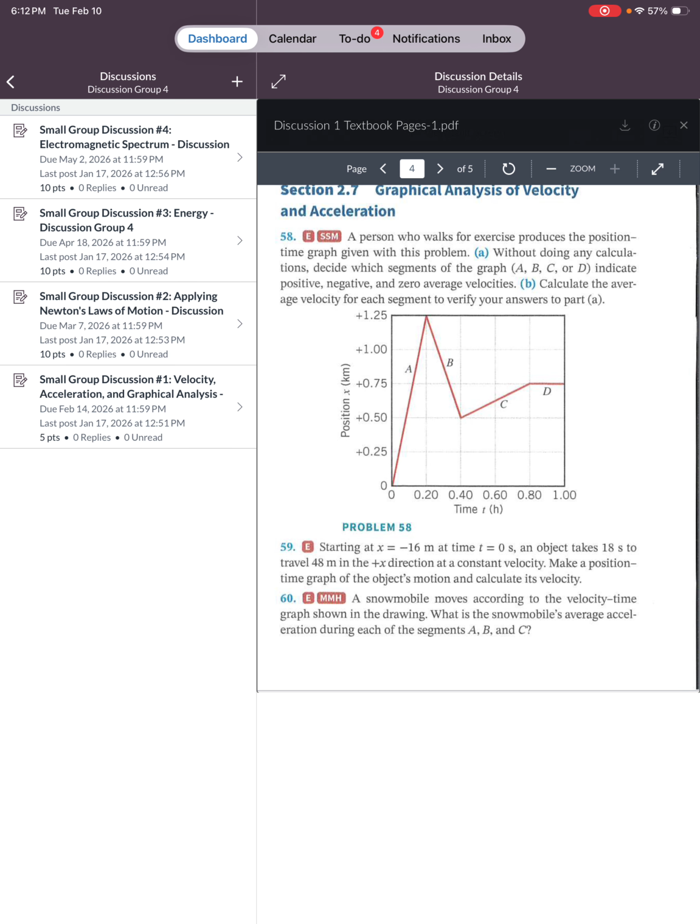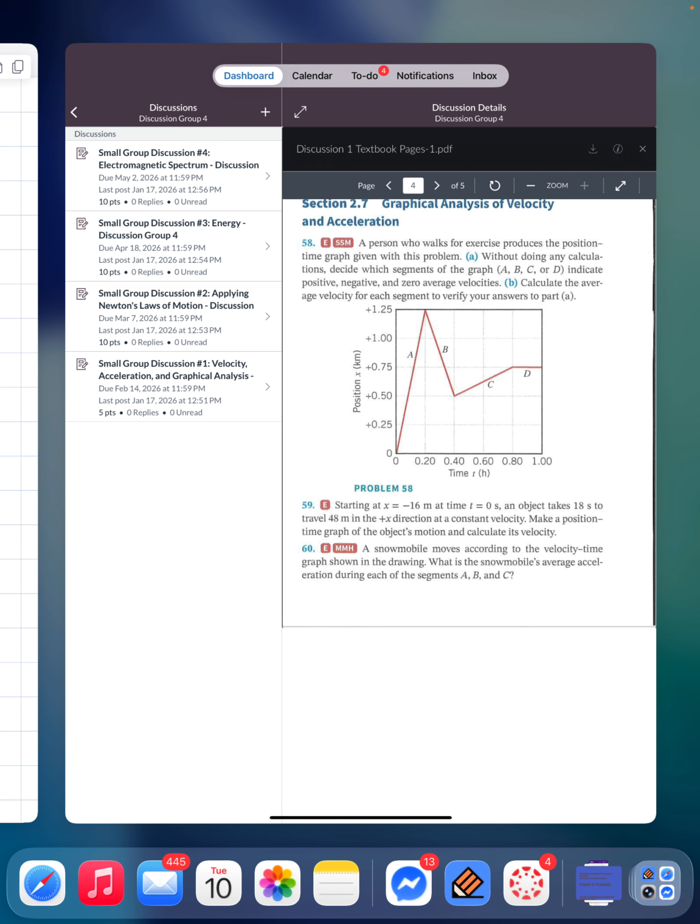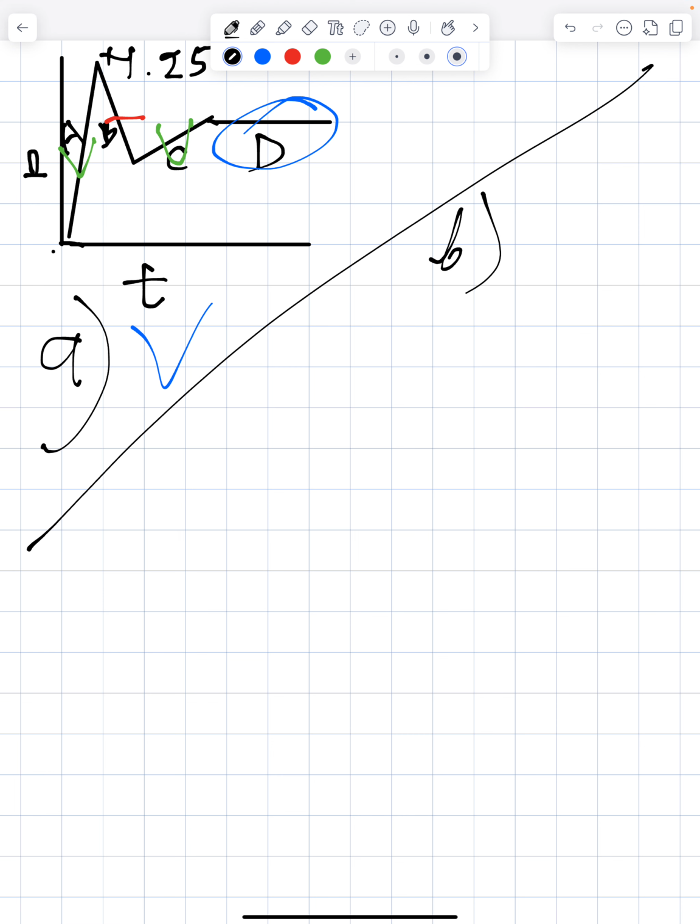So let's write down that relation, because that's going to be our average velocity of segment A. Segment A is gonna be 1.25 over 0.2.